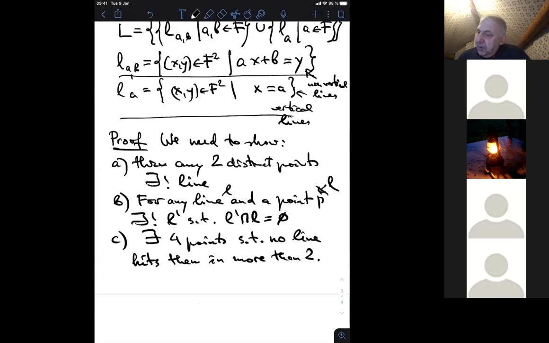Okay, so for any two points, there exists a unique line through them. So part A. Sorry, can I ask a question? What's the difference between exists and exists with an exclamation mark? Well, this is exists and unique.